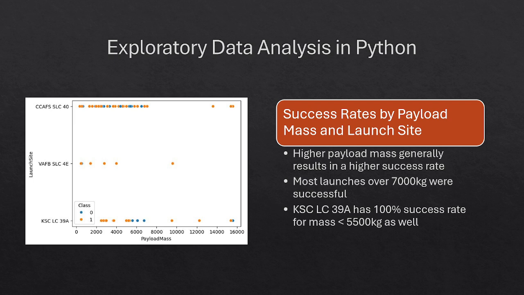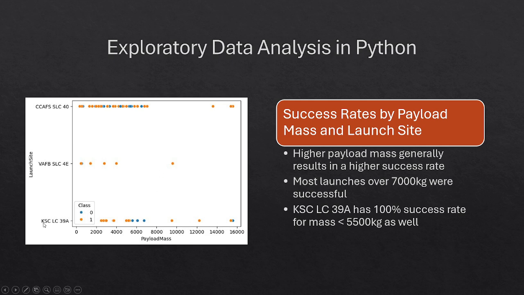Doing a little bit more exploratory data analysis here, this chart is the success rates measured by payload mass and launch site. I mentioned earlier that I was curious how payload mass would affect the success or failure of these launches. We can see that in general, it appears that a higher payload mass is a little more successful.